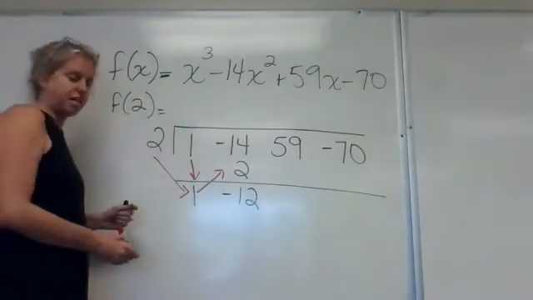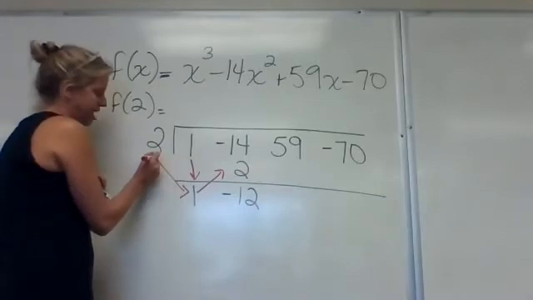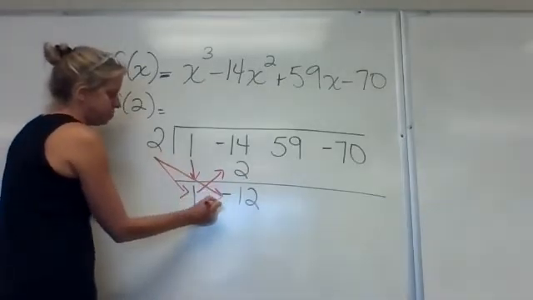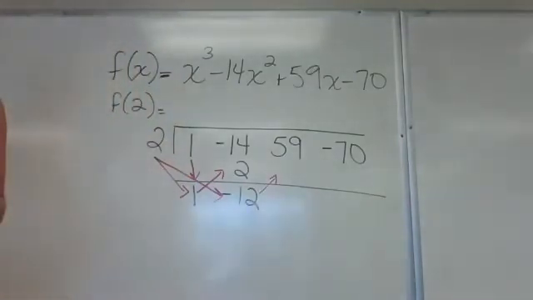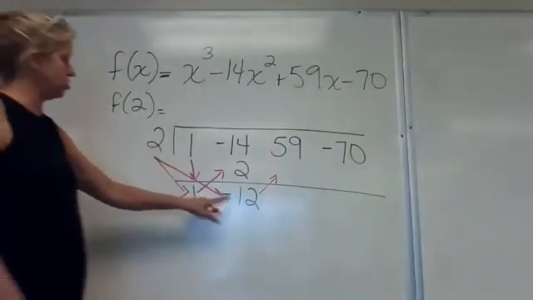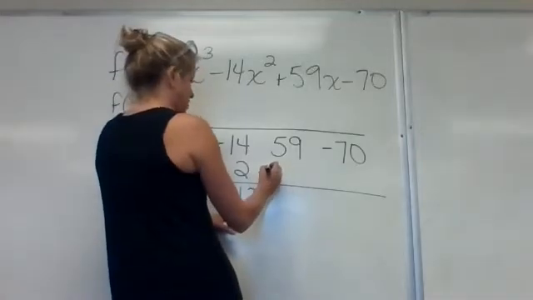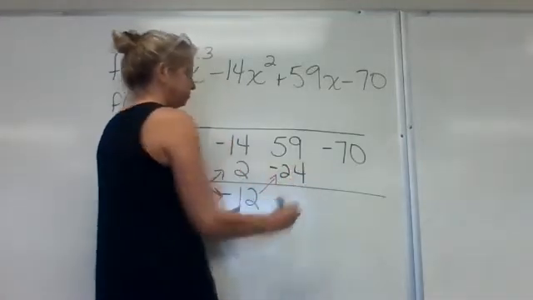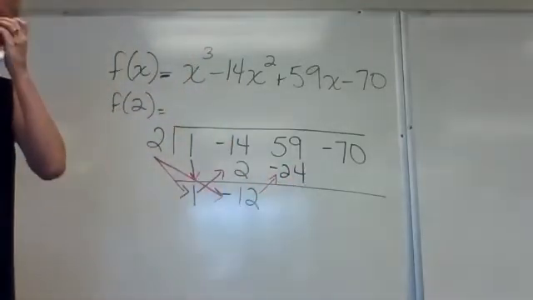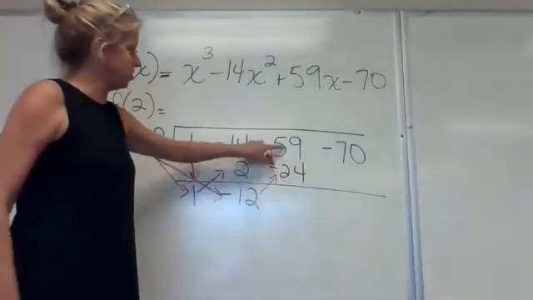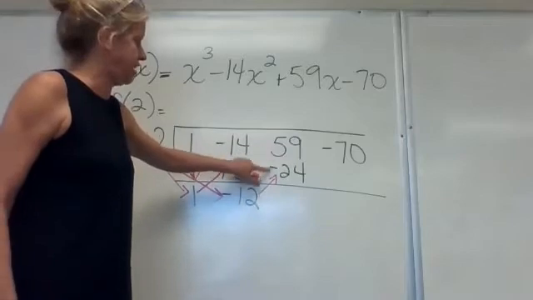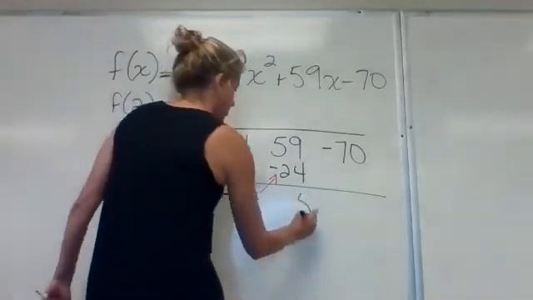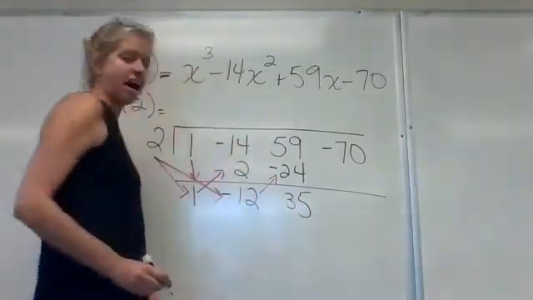And you start the process all over. You multiply this value out here times the number below the line and put your answer under the next number. So here I've got 2 times negative 12, which gives me negative 24. And then combine this with the number on top of it. Or in other words, this time we're subtracting 59 minus 24, which gives me 35.